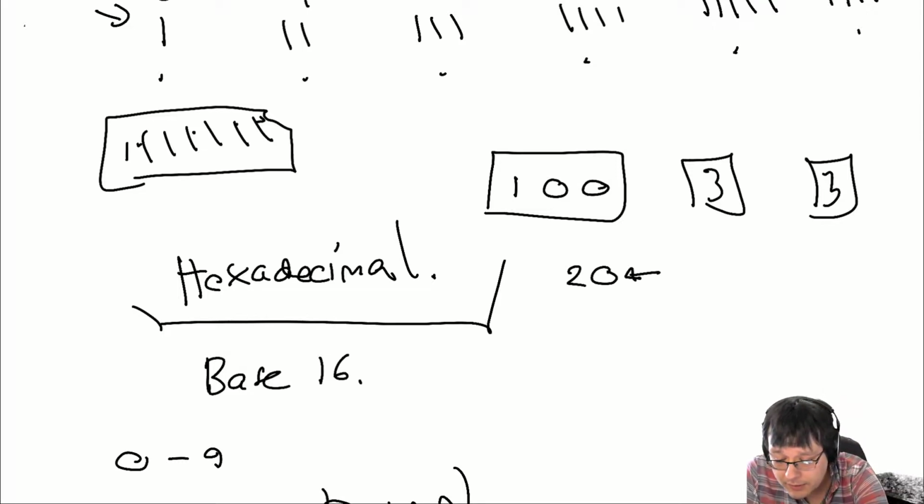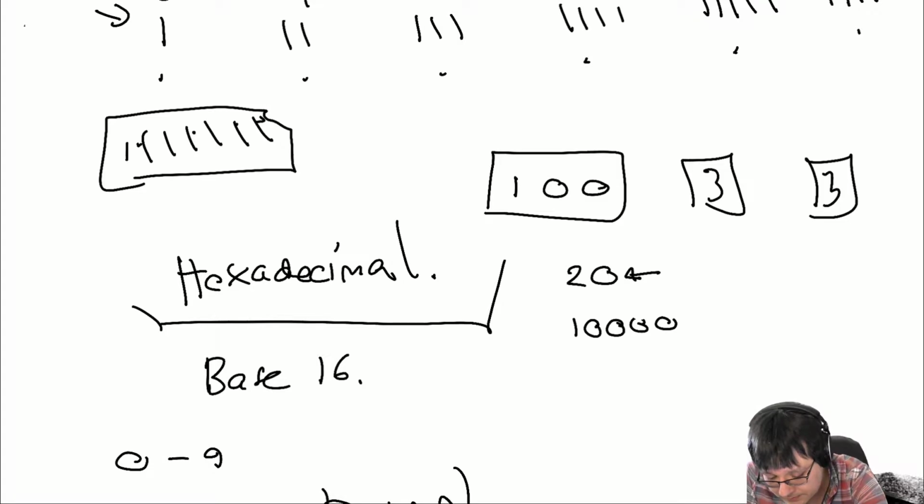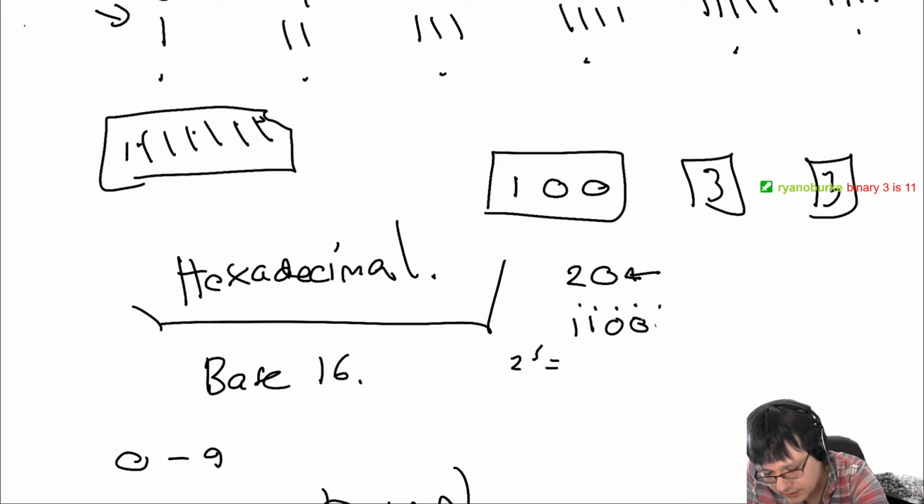What about in binary? How do I represent that in binary? I don't know. Let's see. 2 to the 3rd is 8. 2 to the 4th is 16. 2 to the 5th is 32. So I think it would be 1 less digit. And maybe we make a bunch of 1s here.